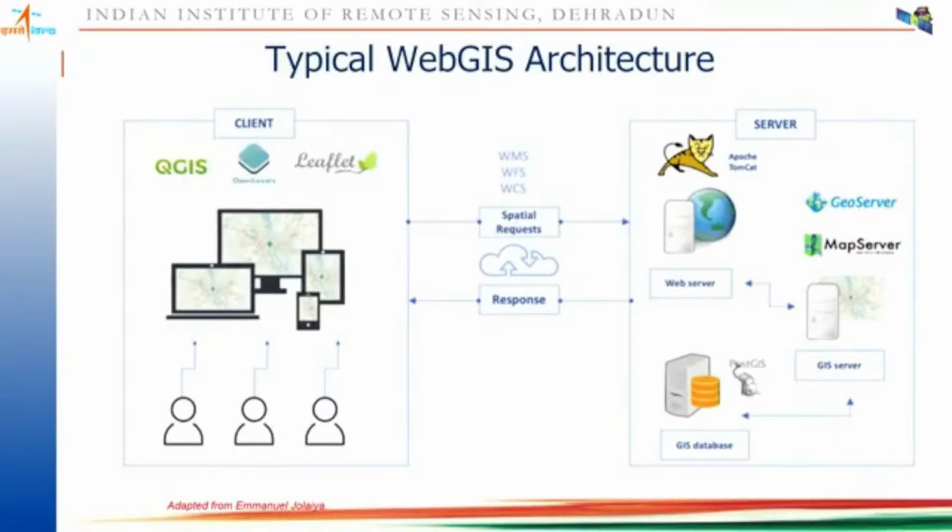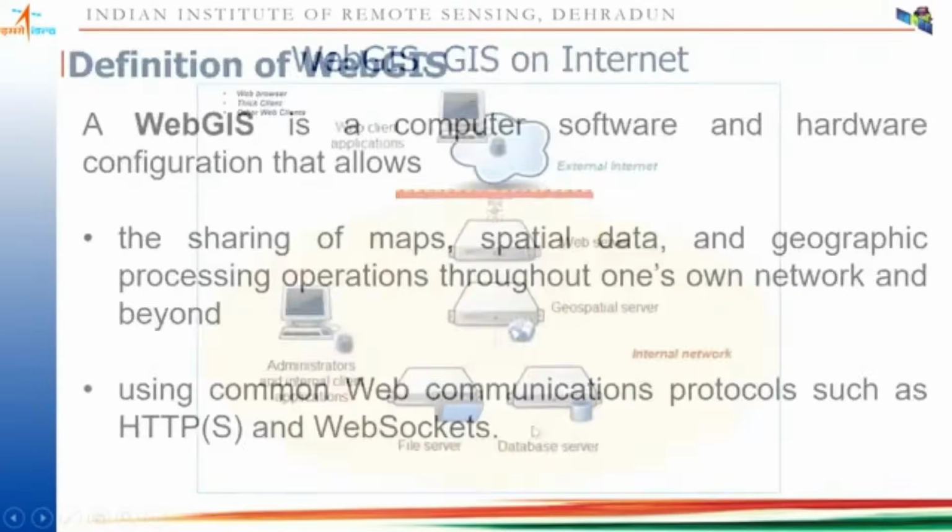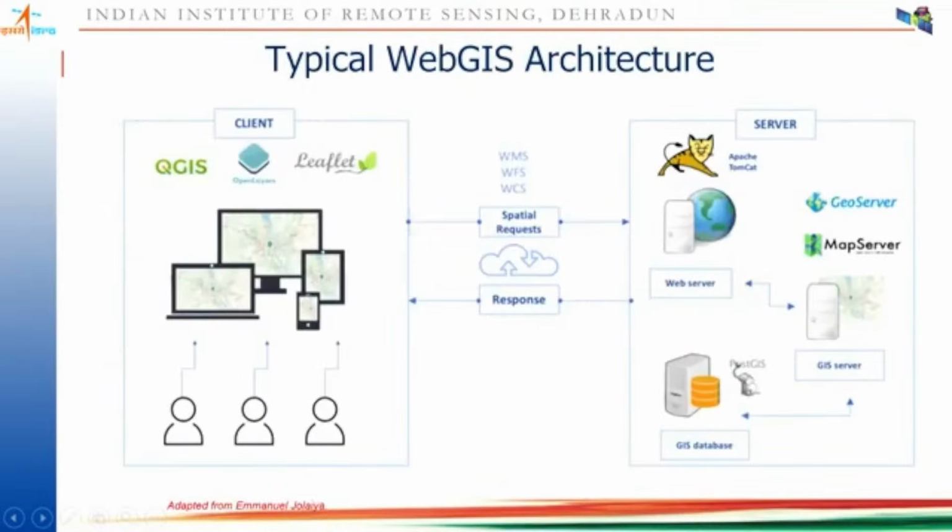Now if we talk about a typical WebGIS architecture, inside the web app, when we were talking about WebGIS in the previous section, from this geospatial server to the file and to the database server, you can just see what it basically contains, how the total thing is working here. So you have this Apache Tomcat server somewhere here, or it can be any kind of web server.